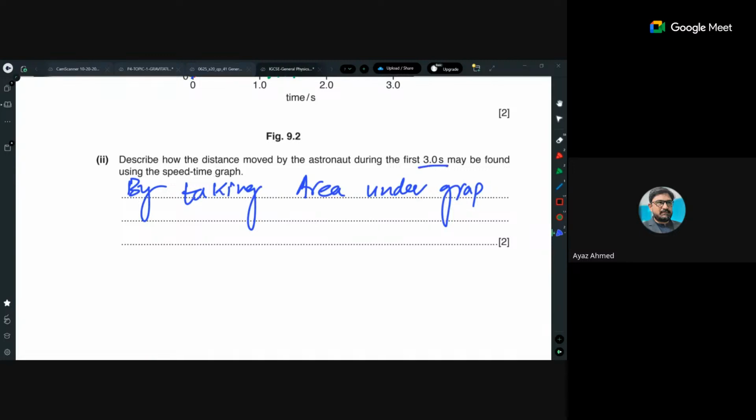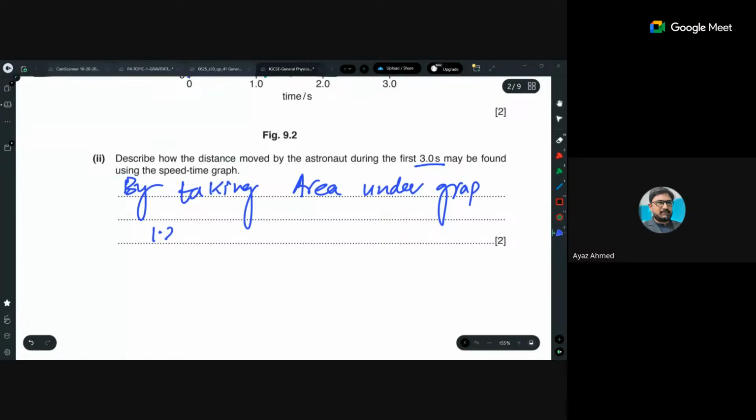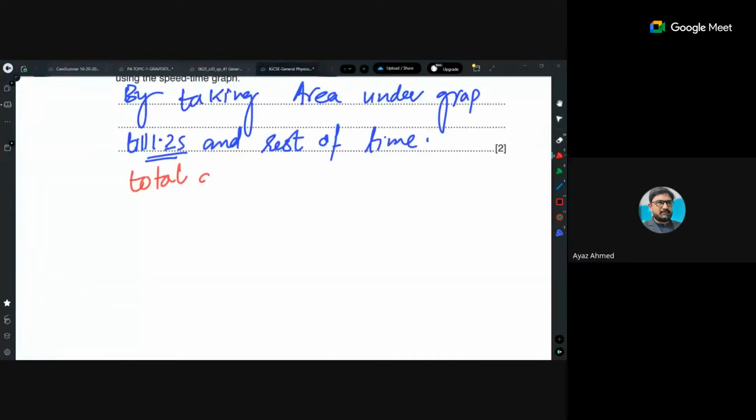Of 1, area under the graph till 1.2 seconds, and rest of the time. Yeah, that will be 2 areas and total distance is the sum of both.